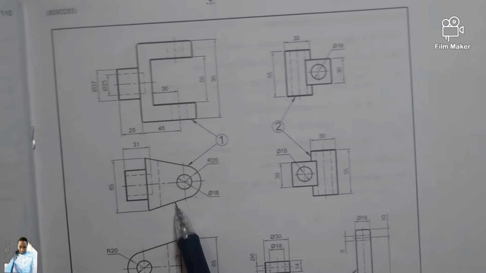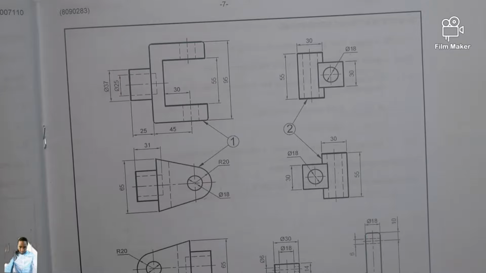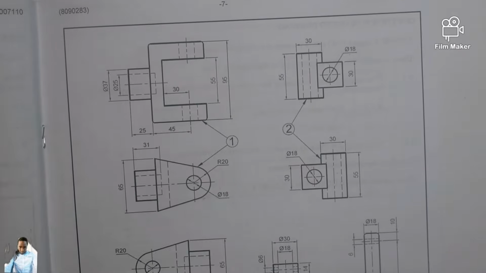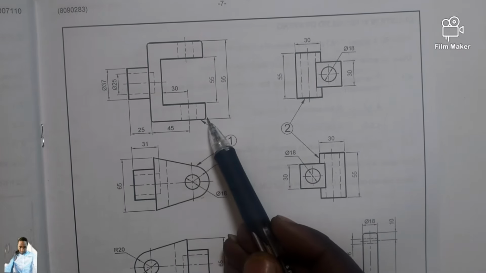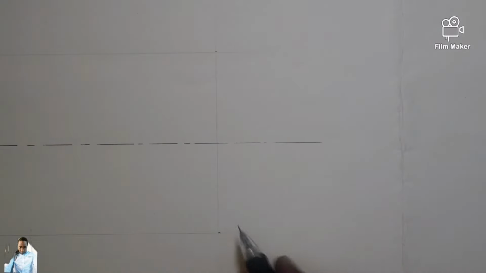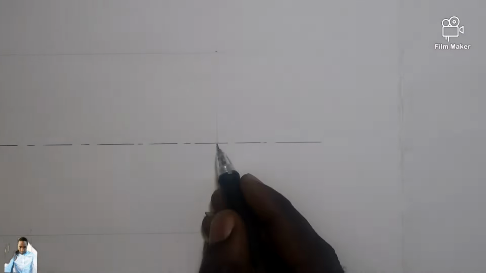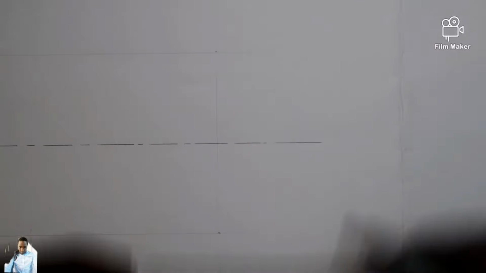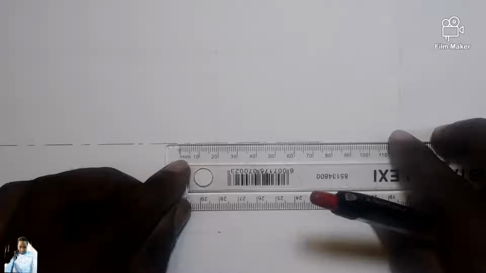Remember, we are drawing only the front views, not the top or the left. So from here till here is 20 millimeter. I can measure it from here till here, or from there till there, as long as it's horizontal.